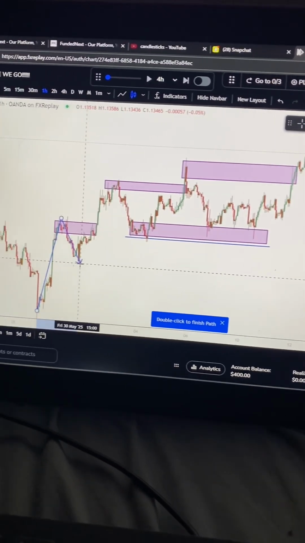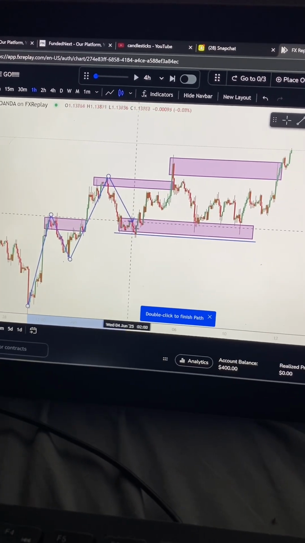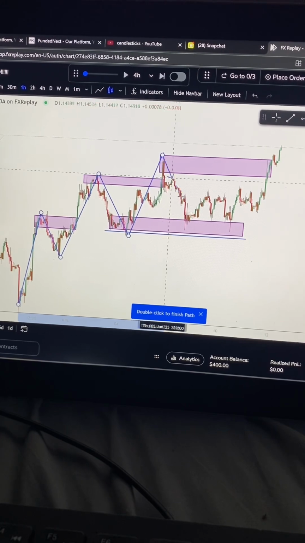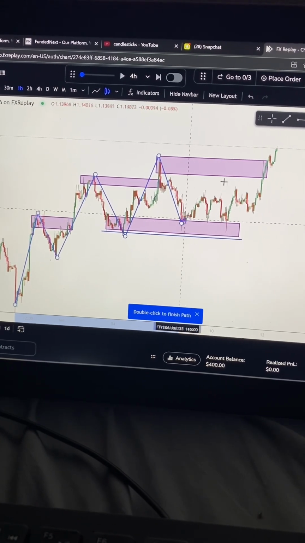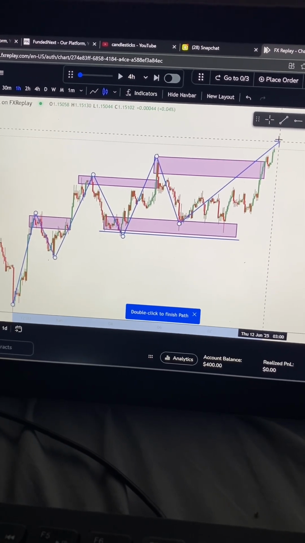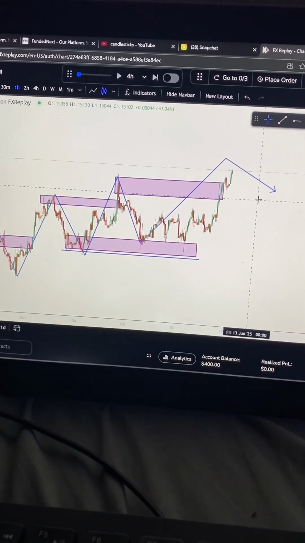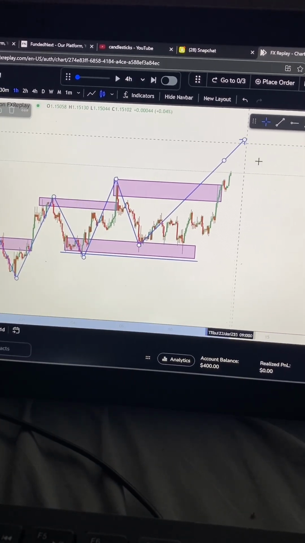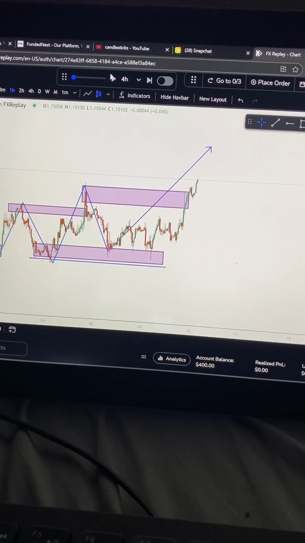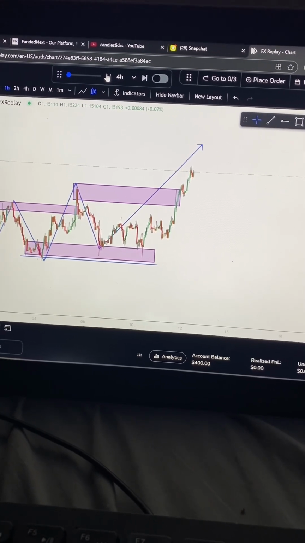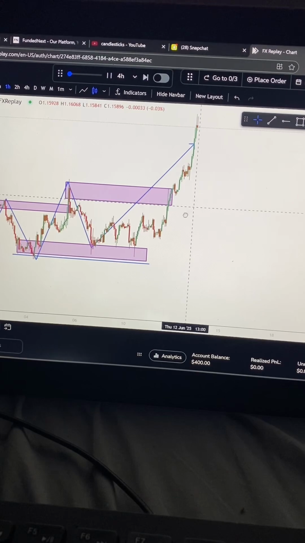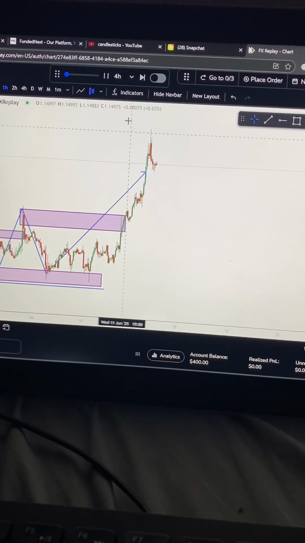And it's going to continue going all the way up. Let's wait until it goes. Okay, now I'm going for a retracement, then I can buy here.